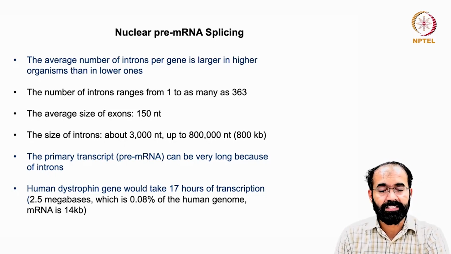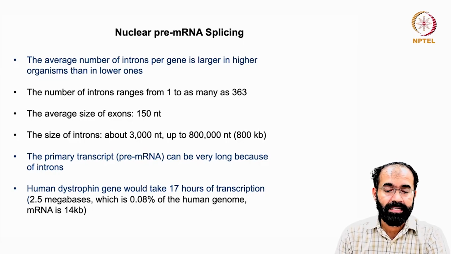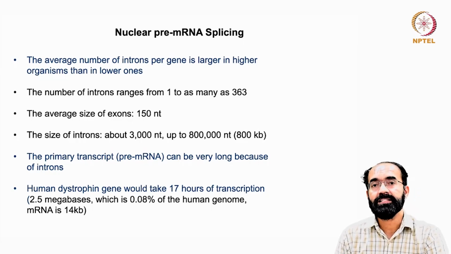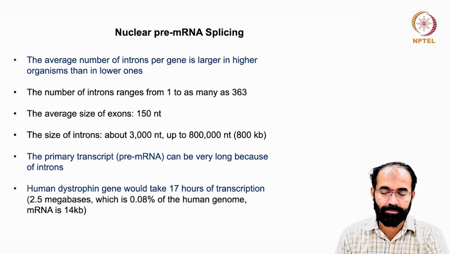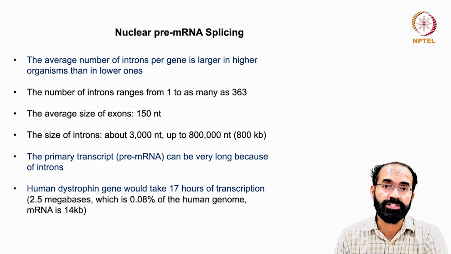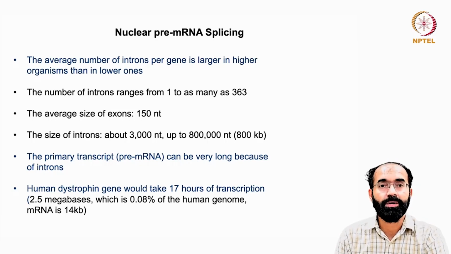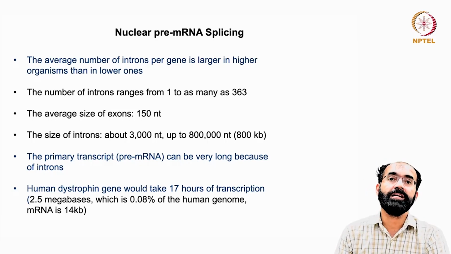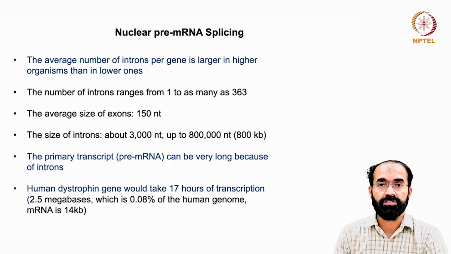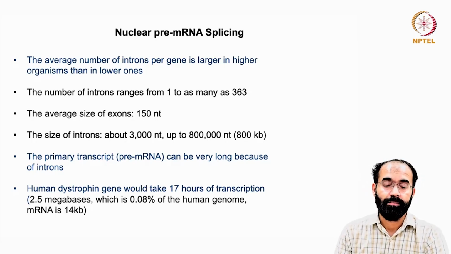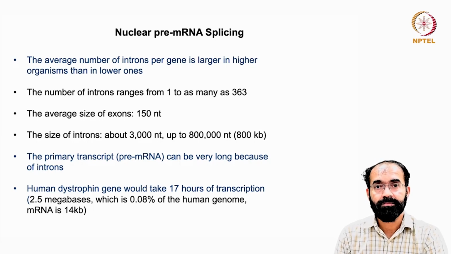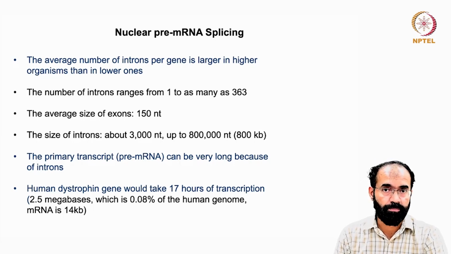So the primary transcript, that is the pre-mRNA, can be very long because of the introns, and this takes longer because the transcription takes longer and longer. Sometimes it can even take hours. Like the human dystrophin gene: Duchenne muscular dystrophy is caused in human males mainly because of defective dystrophin protein.